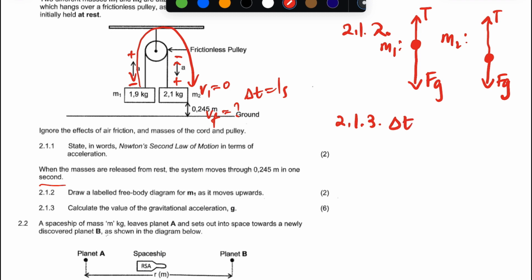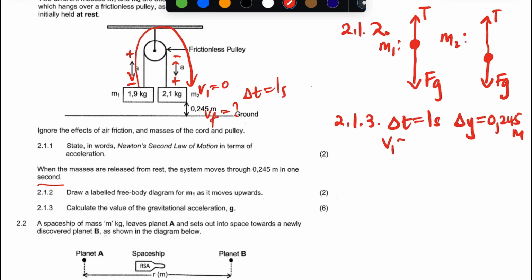We have time, which is 1 second, and we have the displacement, which is 0.245 meters, of mass 2. Which equation are we going to use to get that acceleration? Another thing we know is that the initial velocity was 0, and the final velocity we do not know and we do not have. So which formula are we going to use?